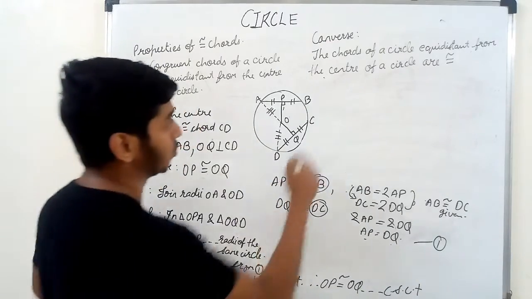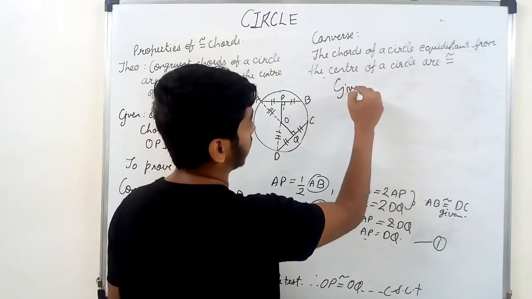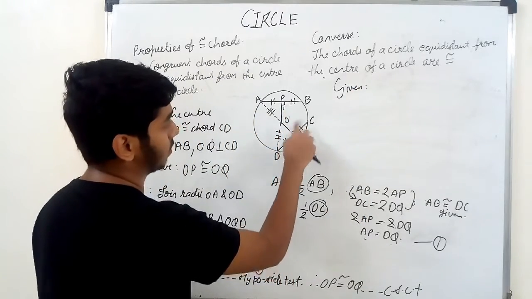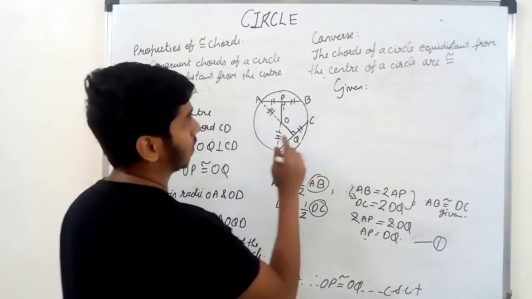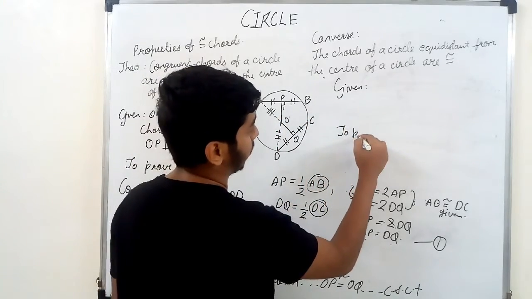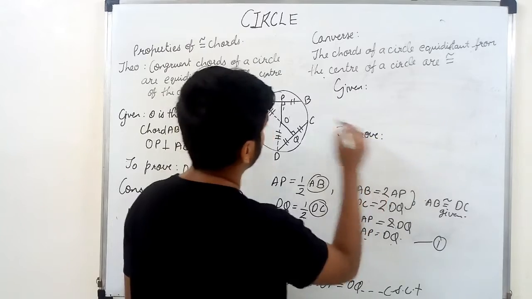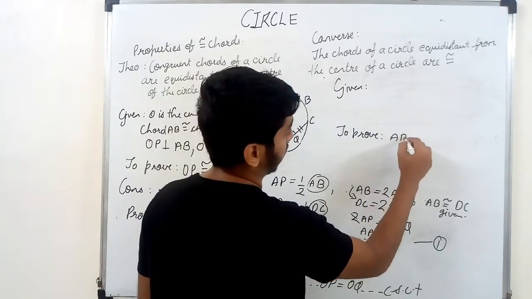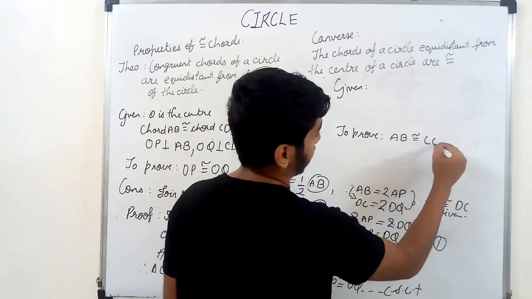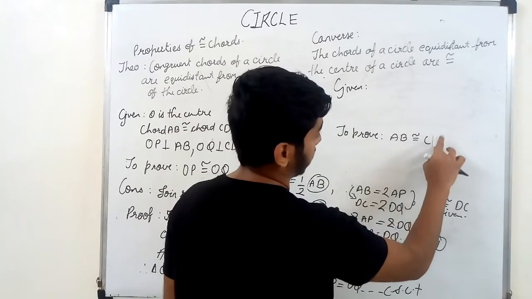So what are we supposed to do? What is given here is, I'll make changes for this itself. Okay, so we have to prove AB is congruent to CD.